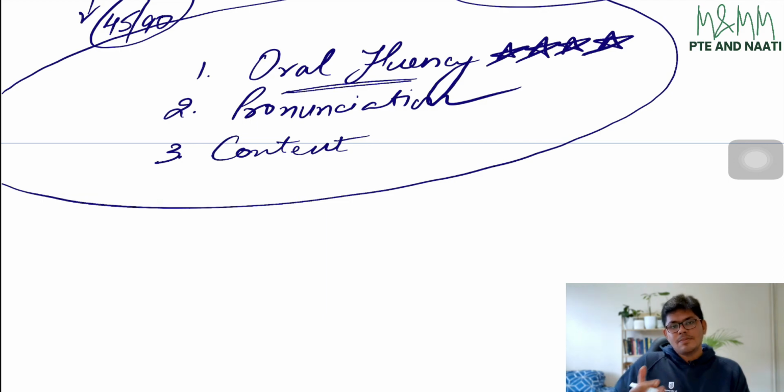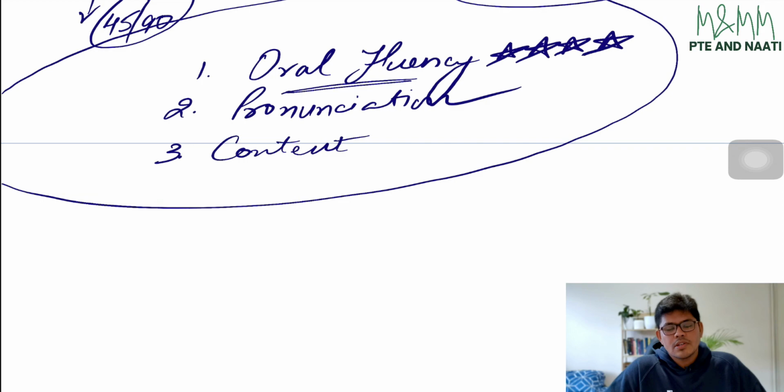But when I am speaking, if you are able to understand what I am speaking, if I am clear, if I am not hesitating while speaking, if I am confident, and you can understand every single word that is coming out from my mouth, my fluency is good. For example, if I have to say, it is raining in Adelaide today, a small sentence, okay? So if I speak like this, it is raining in Adelaide today, it is a fluent way of speaking because I was very clear in delivering my message.